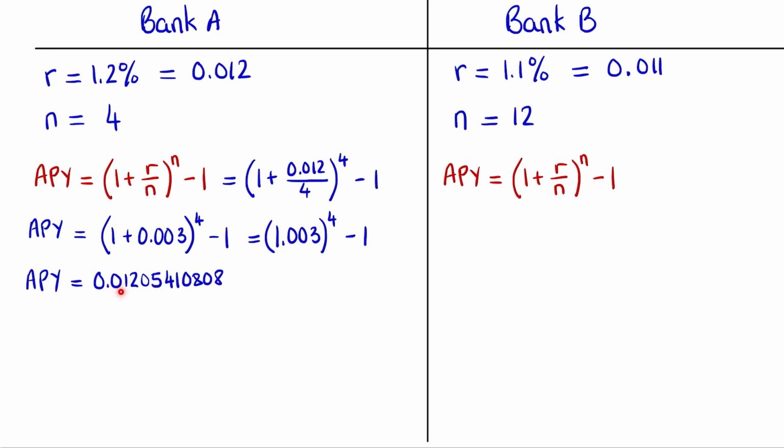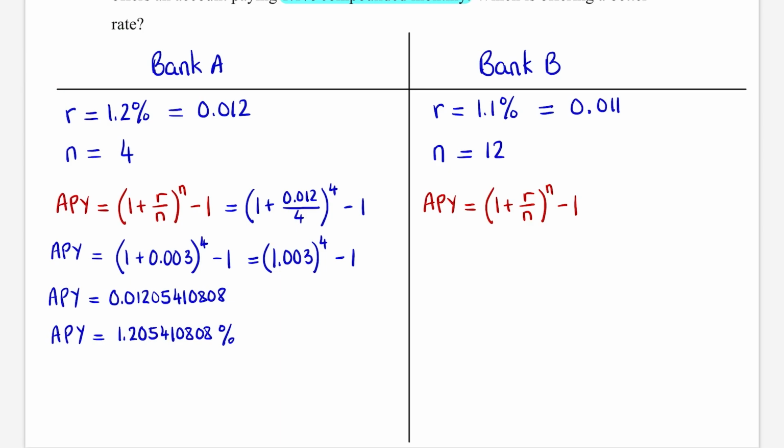So I move the decimal point to the right 2 places. I have 1.2054100808%. The question doesn't give me any rounding instruction, so I'll just leave it like this. But in the homework or in the test or any assignment, please look for the rounding instruction.